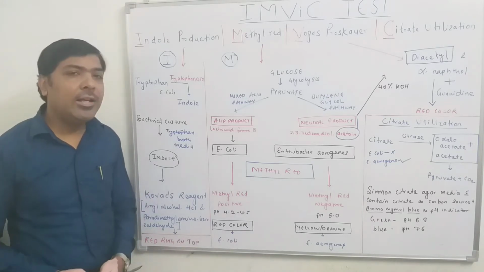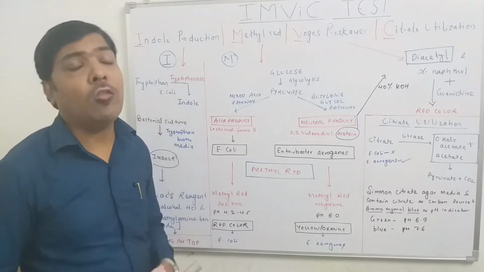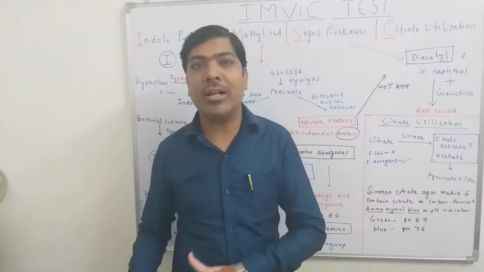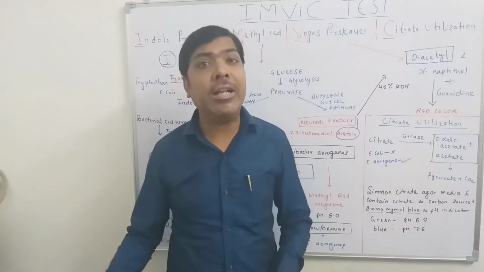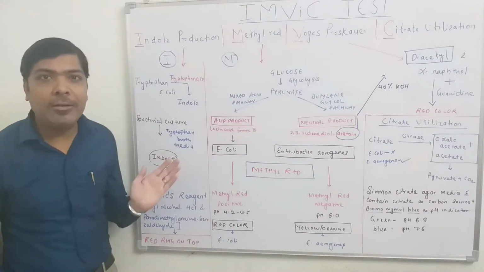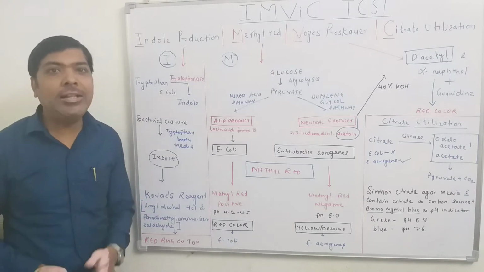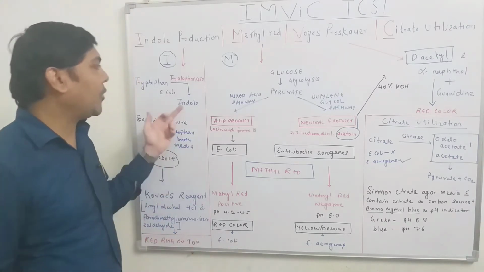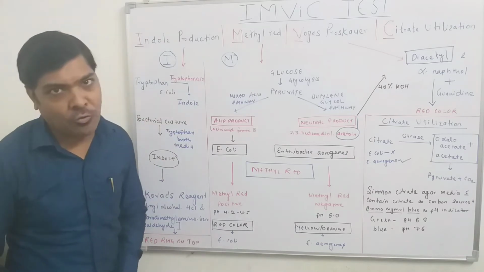So what will happen if, in the sample brought into the laboratory, only E. coli is available, and you are trying to cultivate it in a culture media that consists of tryptophan? Only the E. coli will be able to utilize this tryptophan in order to produce the end product which is indole.